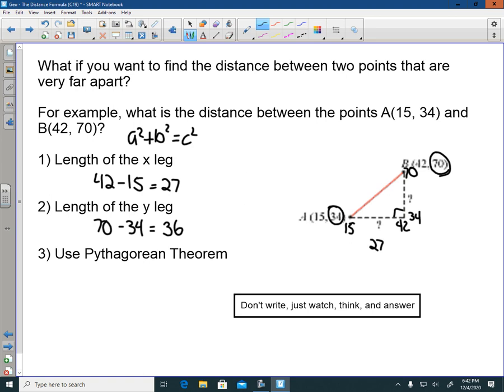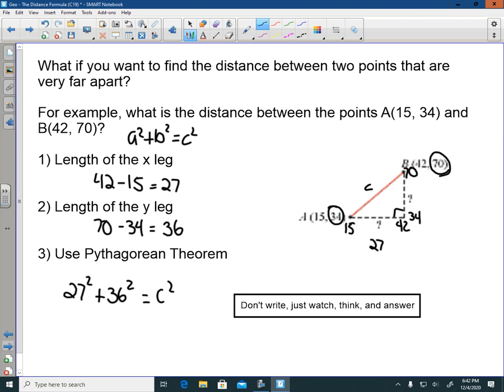And so now we know that we could find that length by saying 27 squared, because that's that x side, plus 36 squared, that other side, is going to equal, and let's call it C, the red segment, C squared. And now we could go through some math and figure out what C was. I'm not going to do that.